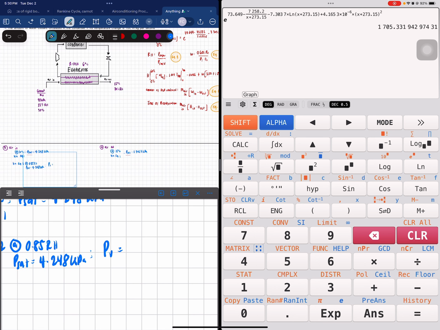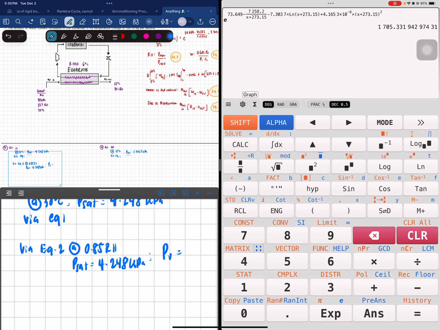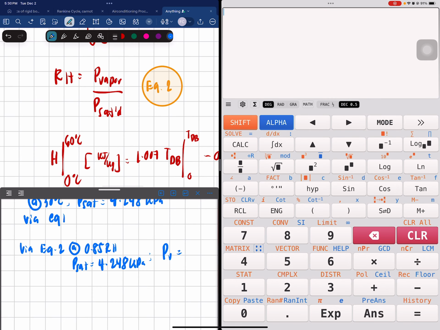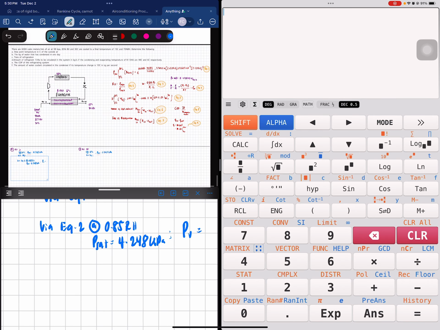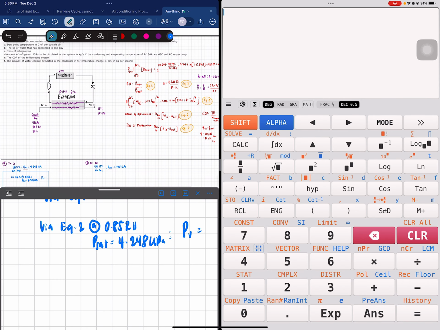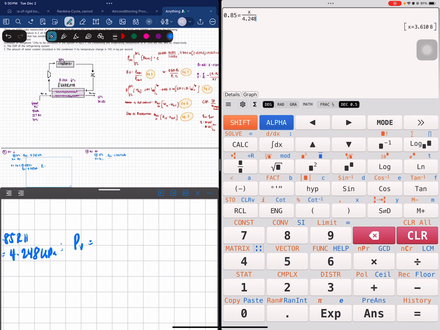Vapor pressure is equal to, so we'll be using our relative humidity equation. Okay, so 0.85 equals, let X be our vapor pressure, over 4.248. Vapor pressure is 3.6108 kilopascals. Okay.